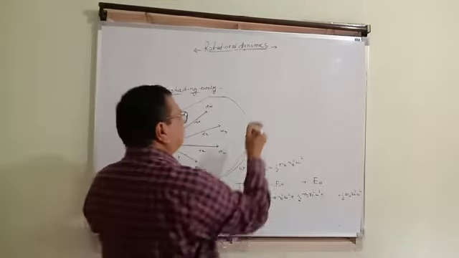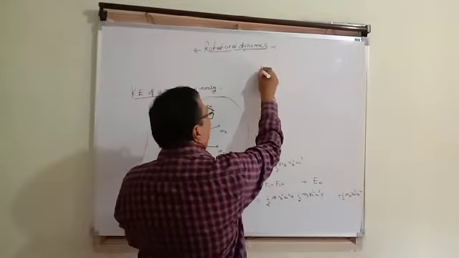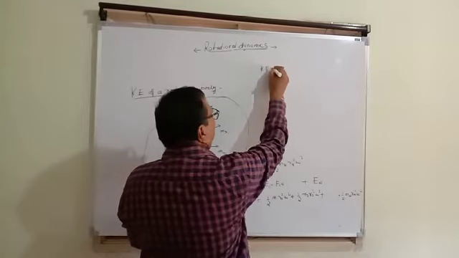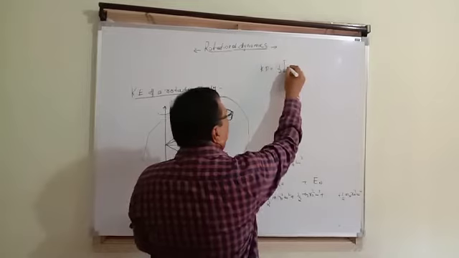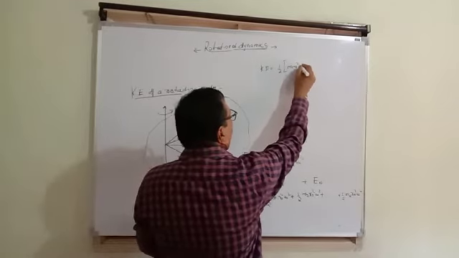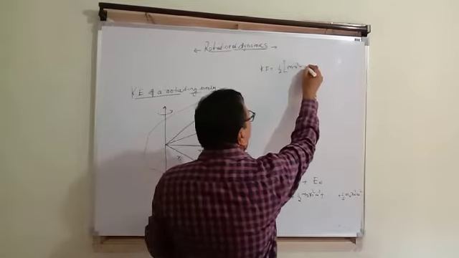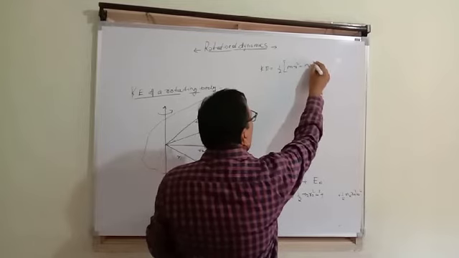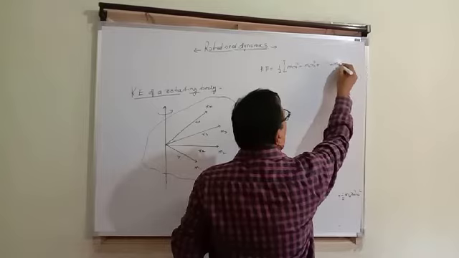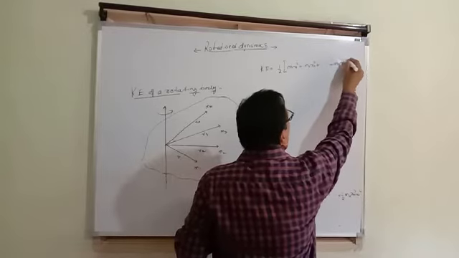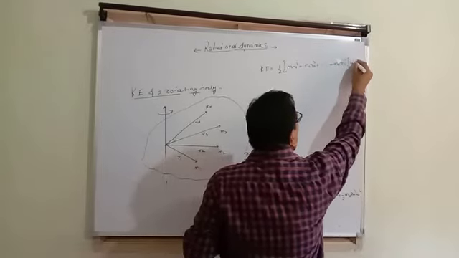I take it out. Total kinetic energy is equal to half, in bracket, m1 r1 square plus m2 r2 square plus and so on, plus mn rn square, times omega square.